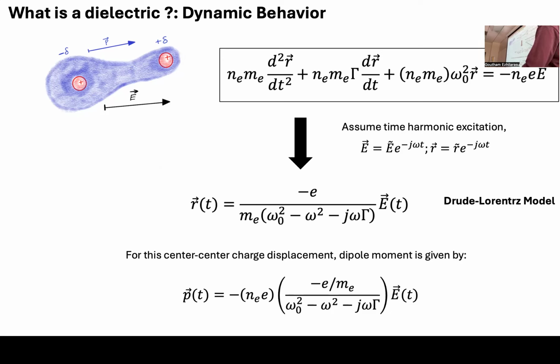If you assume the electric field is some sinusoid and the displacement is some sinusoid and substitute here, you get this expression. This is the displacement as a function of the applied electric field, and as a function of frequency also. So depending on frequency, given an electric field, this tells you the actual displacement of the bond itself. So far, makes sense?